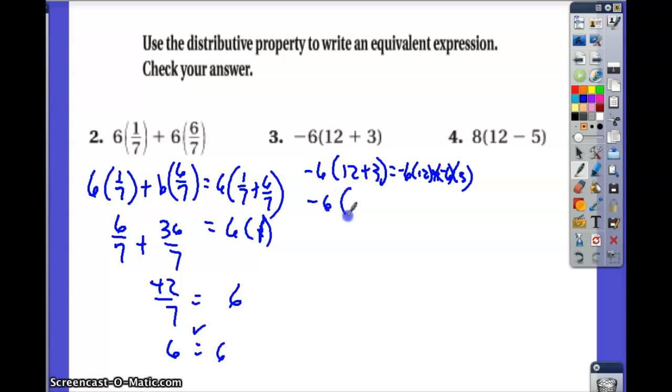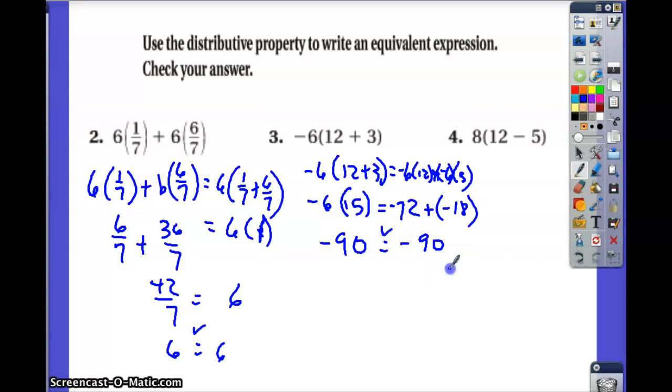You've got negative 6 times 15 here equals negative 6 times 12, which is negative 72, plus a negative 6 times 3, which is negative 18. So on this side, multiply negative 6 times 15, which is negative 90. Negative 72 plus negative 18 is also negative 90. So that checks out.